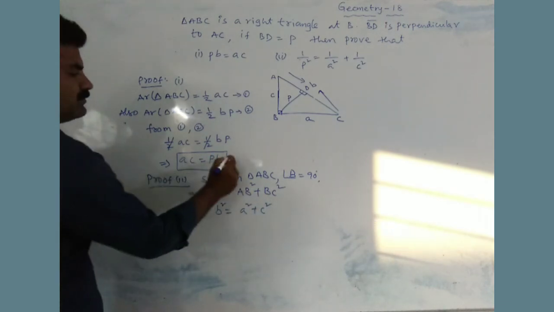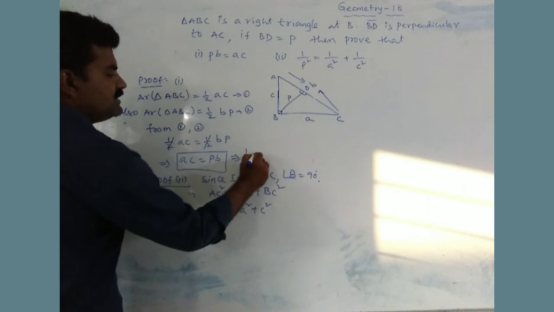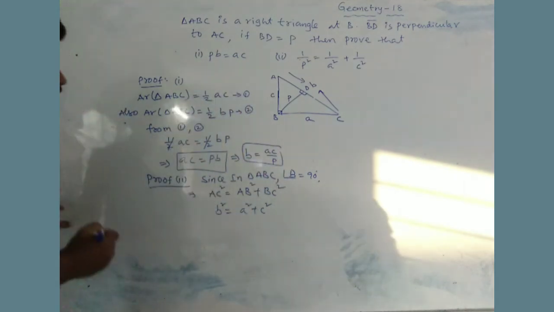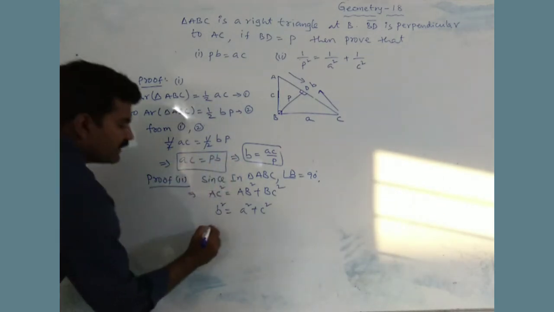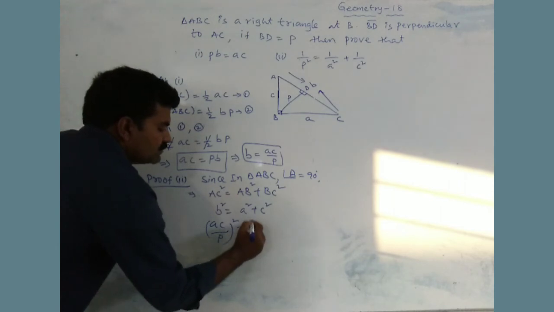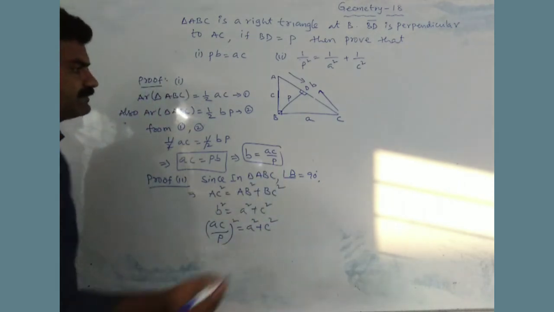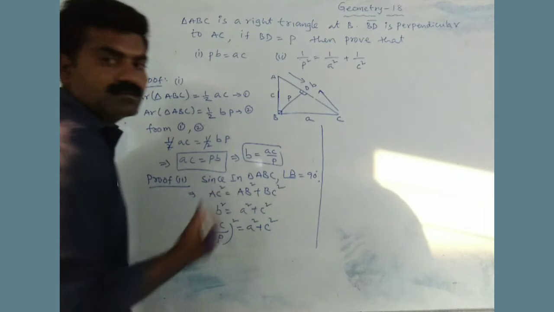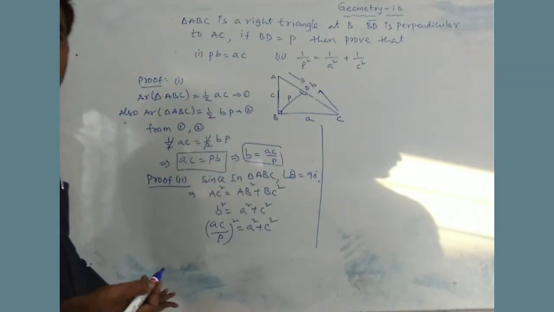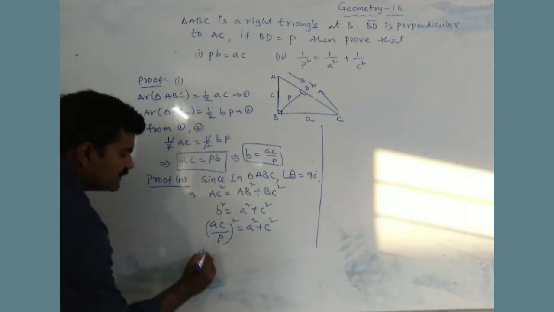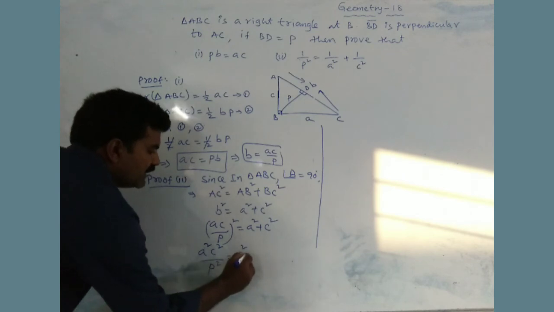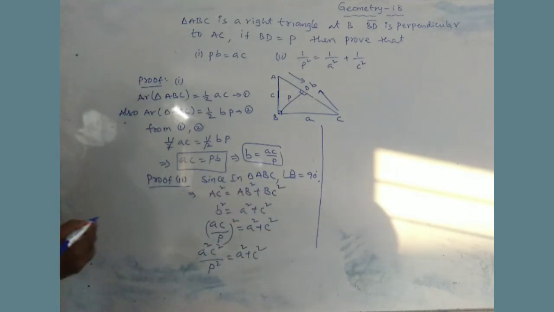And from the above, my dear, I can write b is equal to AC by P. Now replace that value. AC by P whole square is equal to a square plus c square. Okay. How can we write this, it is a square c square by P square is equal to a square plus c square.